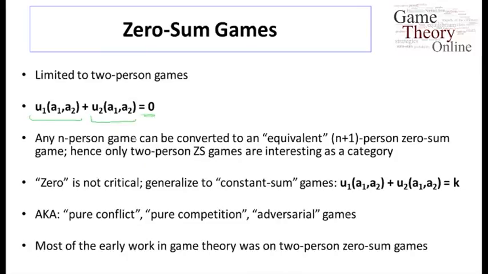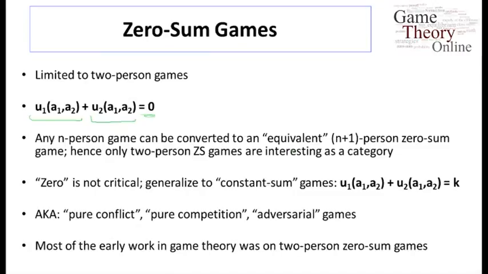There's a classic result by von Neumann and Morgenstern in the 1940s that said that basically any n-person game can always be converted into an equivalent n+1 person zero-sum game. Whatever's left over that doesn't sum to 0, you have the n+1 person's payoff be equal to the minus of the sum of everybody else's payoffs. It always sums to 0.